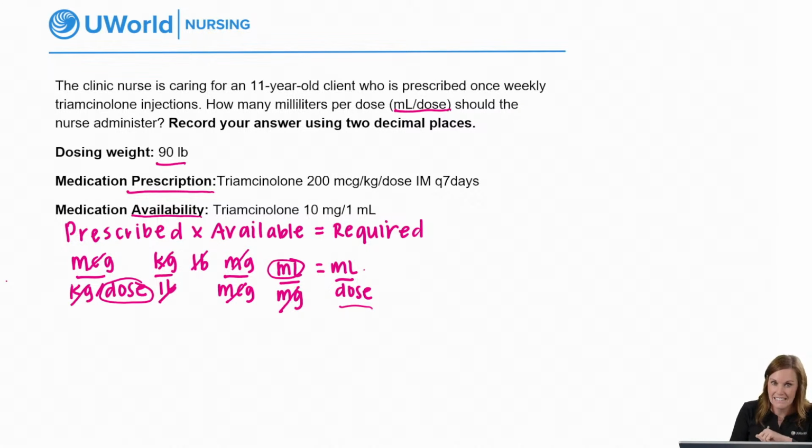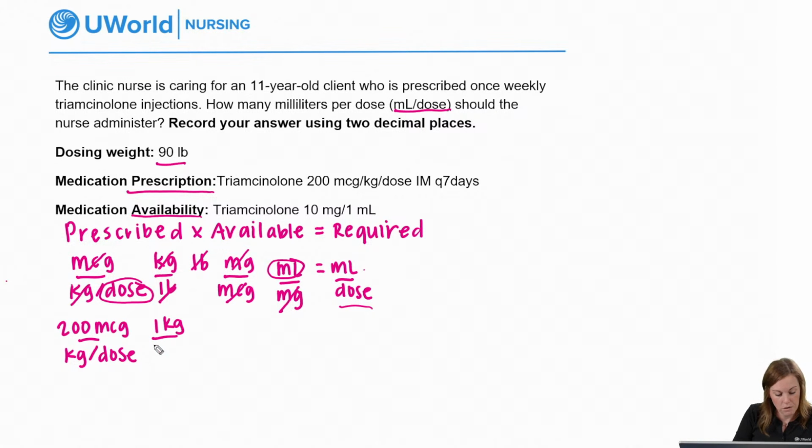So let's take this and we're going to add our numbers in. Okay, so our prescription says we have 200 micrograms per kilogram per dose. We know 1 kilogram equals 2.2 pounds, and our client weighs 90 pounds.